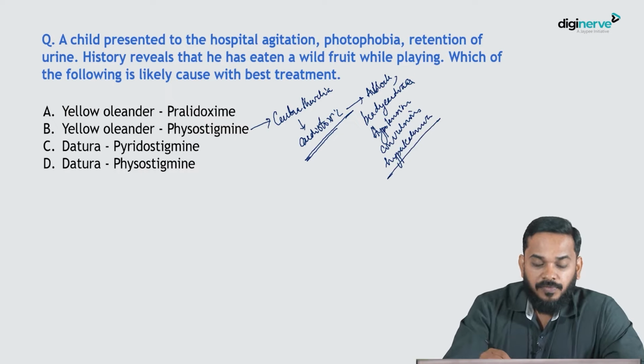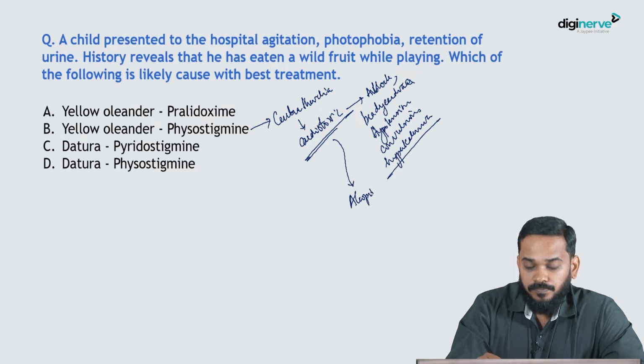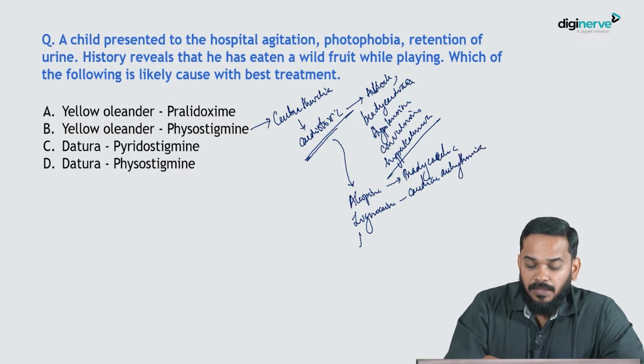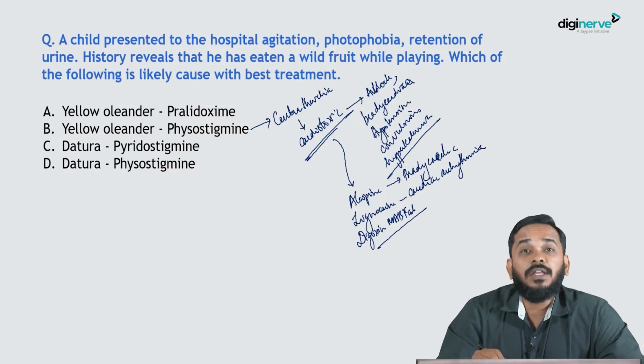The treatment of yellow oleander poisoning is atropine for bradycardia, lignocaine if the person is having cardiac arrhythmia, and digoxin monoclonal antibody FAB is also used in the treatment of yellow oleander poisoning.